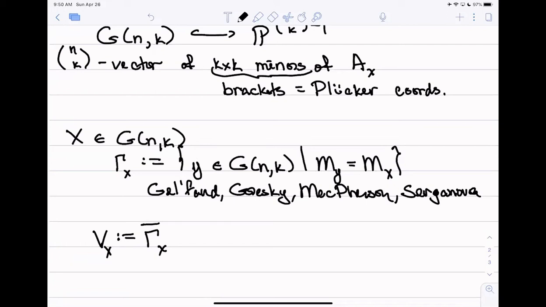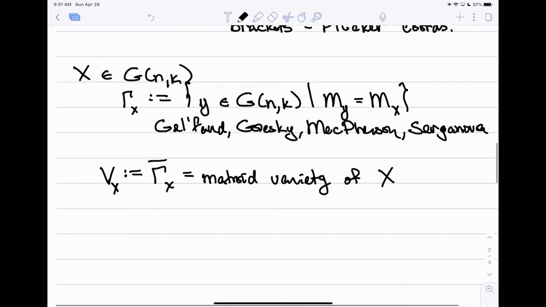This is the thing that I want us to call a matroid variety, the matroid variety of X. And I want to try to describe it. How do I find this using polynomials?